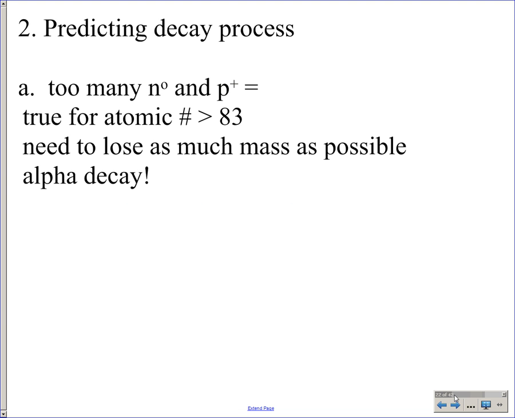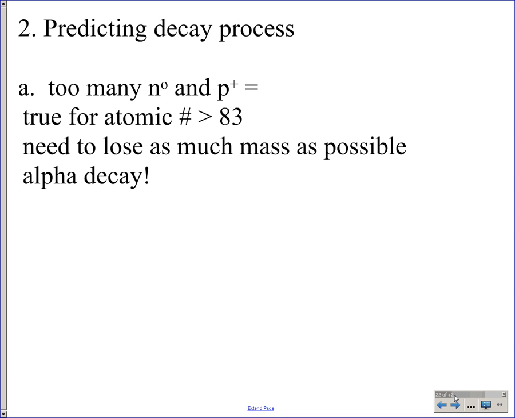Okay, now in this case, you just have something that is too big. You've got both too many neutrons and too many protons. This means your atomic number is greater than 83. This is a very large nucleus, and it's just not stable that large. So it needs to lose as much mass as possible. And the way it can do that is to lose both protons and neutrons at the same time.